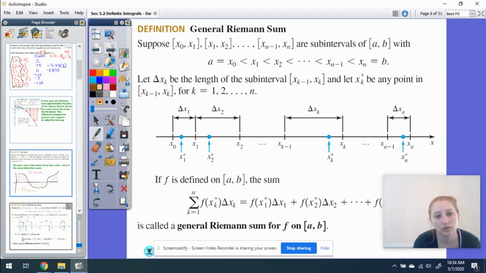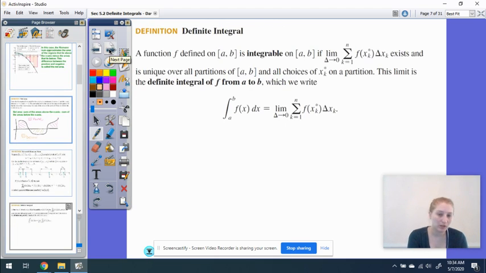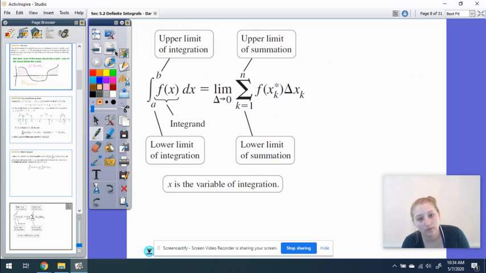So how this applies to what we've been doing is we can take our integral and we can express it as a limit, and we can do this to help us figure out what the area is.